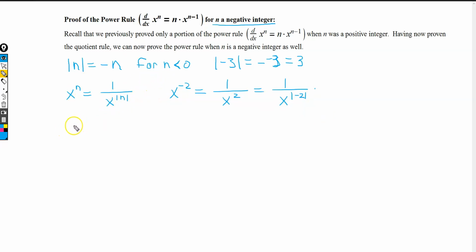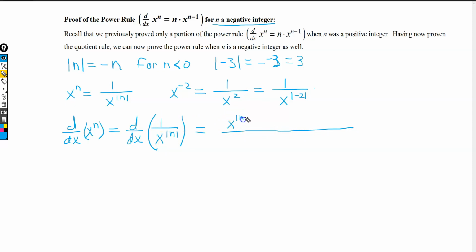Now, let's start with, we want to evaluate the derivative of x to the n. And so using this fact here, you can write it like that. And now let's use the quotient rule on this. So we're going to go bottom times derivative of the top.